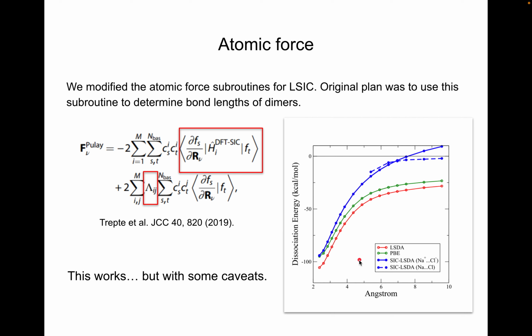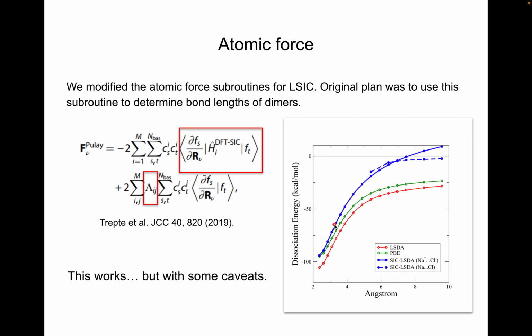Here, this is the NaCl dimer. This plot was done using the PZSIC LDA level of theory. So in case of the dissociation energy for the NaCl, you can prepare the initial FOD as Na plus and Cl minus, and you can get the blue solid line like this.